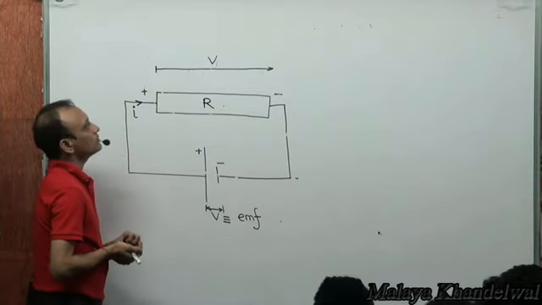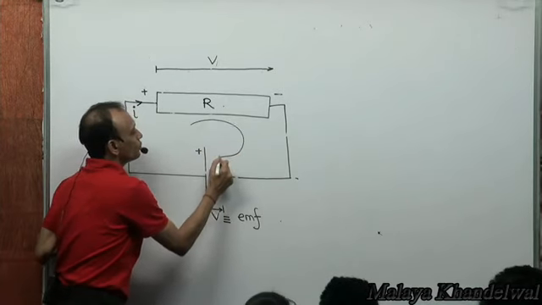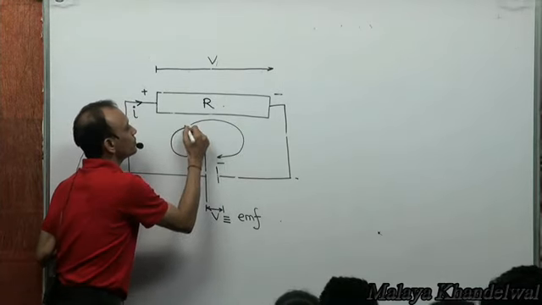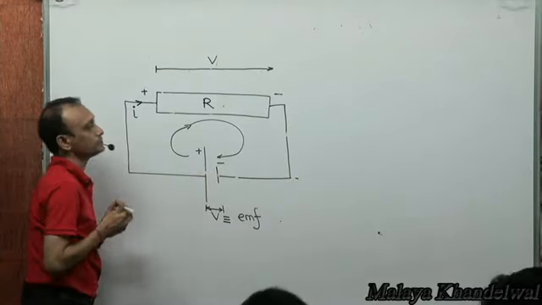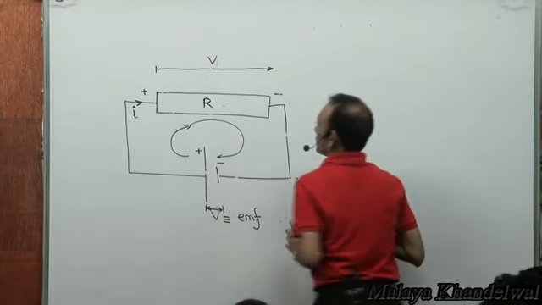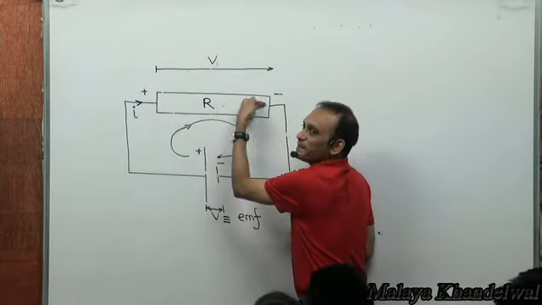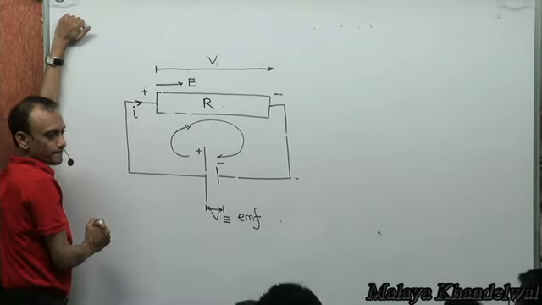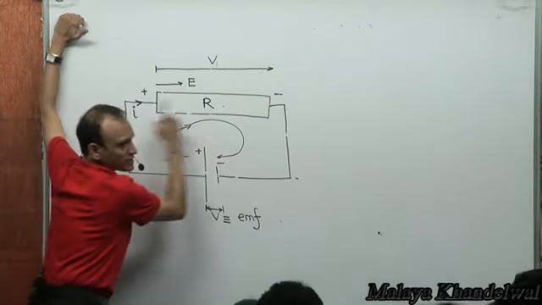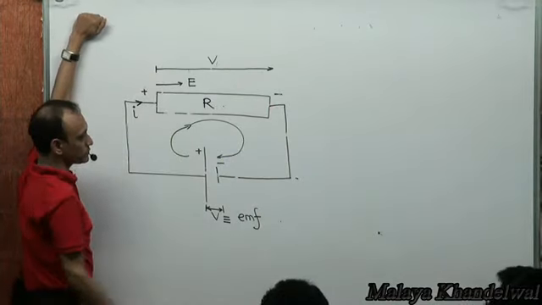Now, this is a full loop. This battery sets up an electric field E like this, from left to right, because of the potential difference.